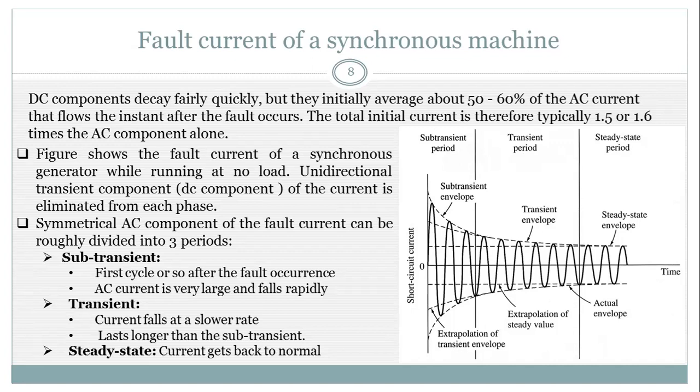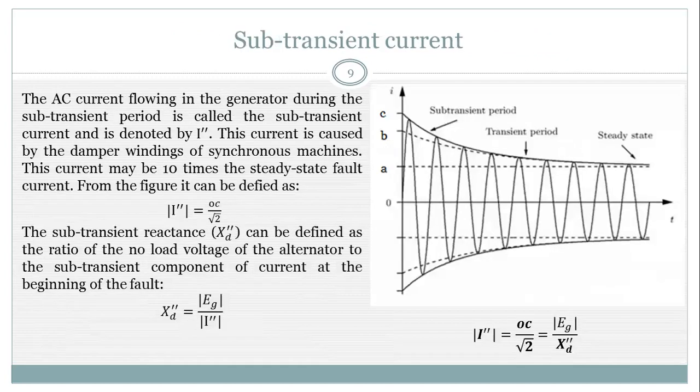Next is the transient period, which is the next lower peak. And finally there is the steady state period, which means the current will flow at a constant rate, a constant peak. So we can classify the current into three categories from switching to the ongoing condition.